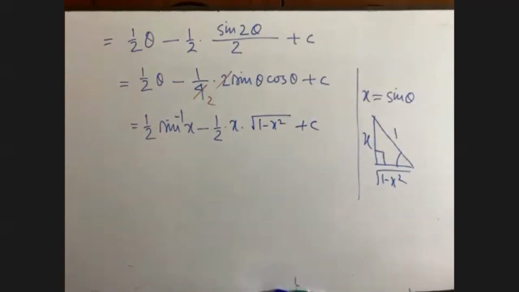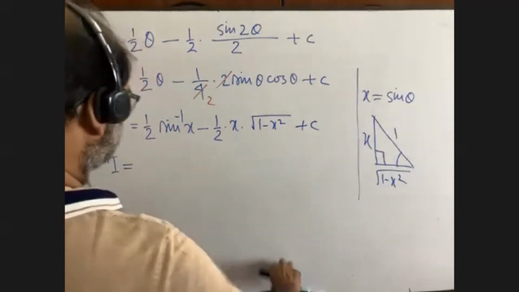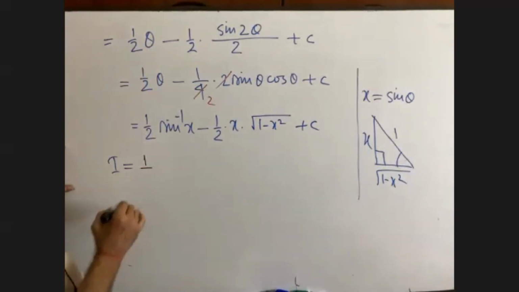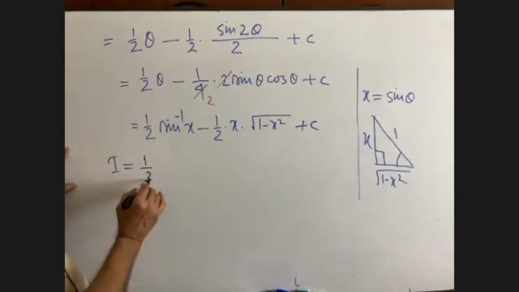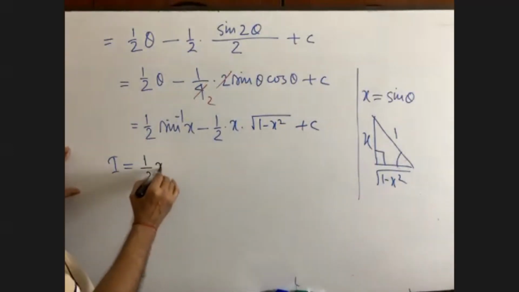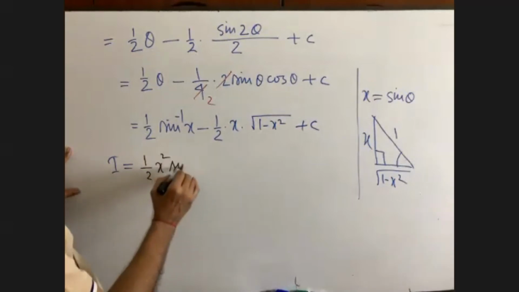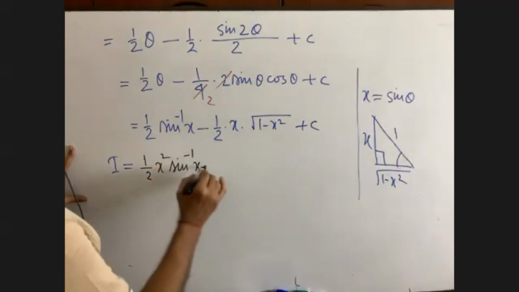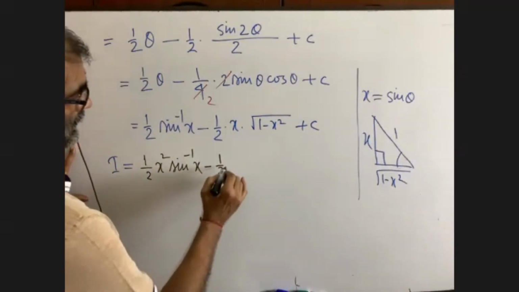Now please let me know, what was I? Talk to me. Sir, half x square sine inverse x minus half I1. Right? Minus half I1.